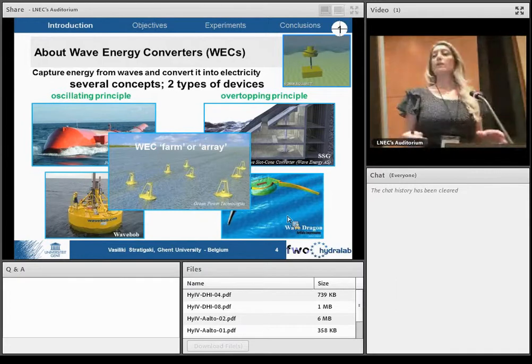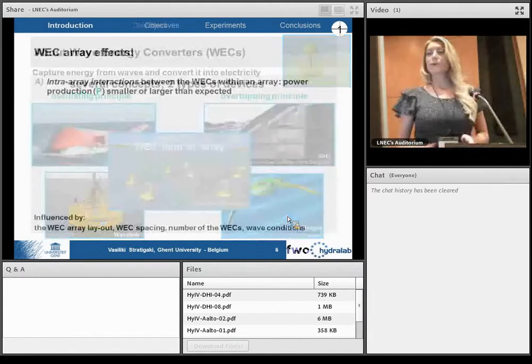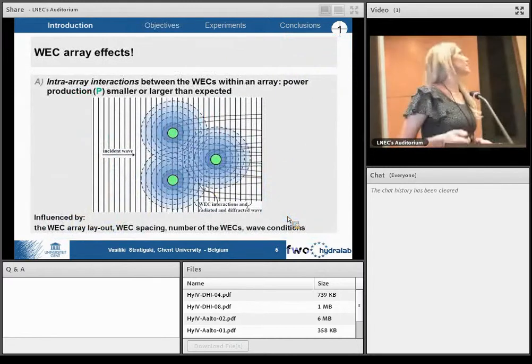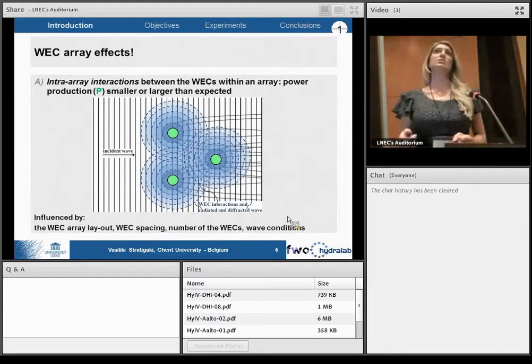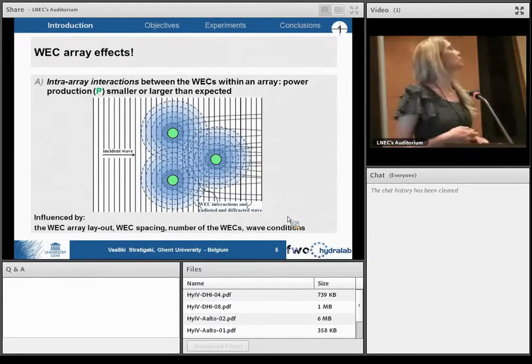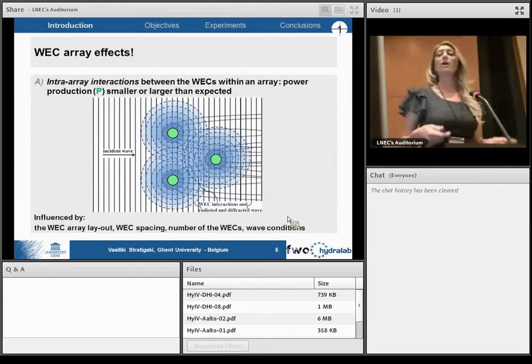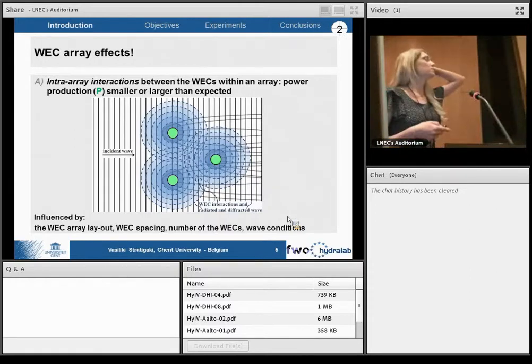We also have extra-array effects, which are mainly expressed by wave height attenuation due to wave energy extraction. In this panel, you can observe the extra-array effect predicted using our wave propagation model, MILDwave, developed at Ghent University. These are contour plots of disturbance coefficients for waves propagating through different arrays of devices.